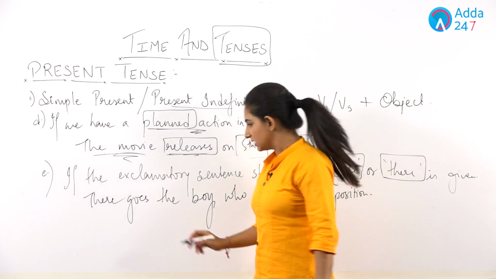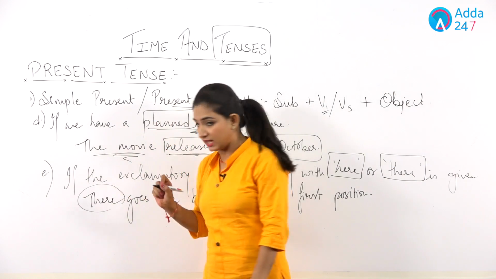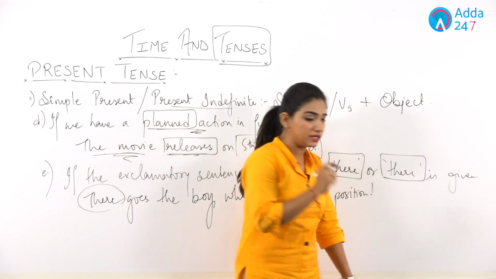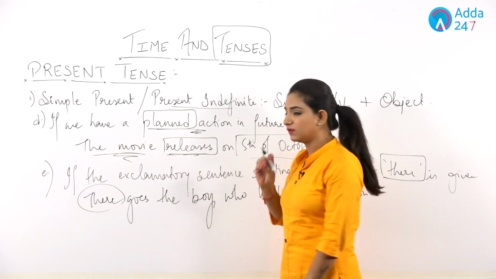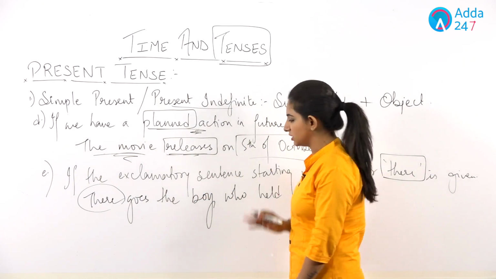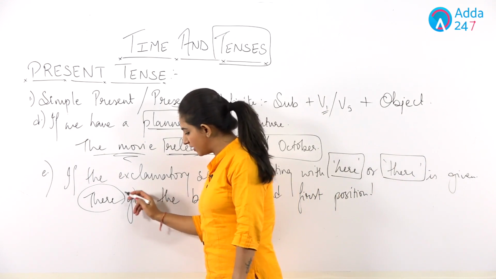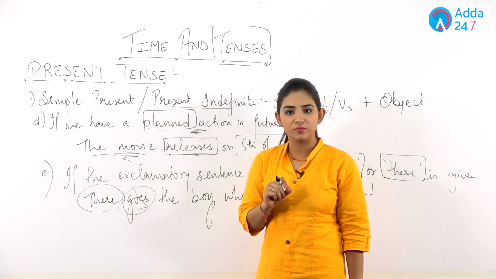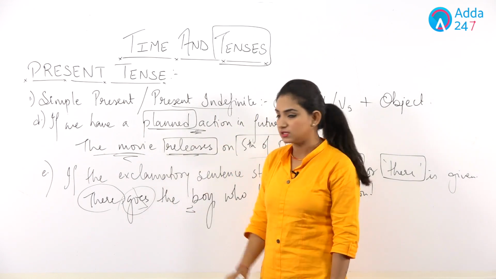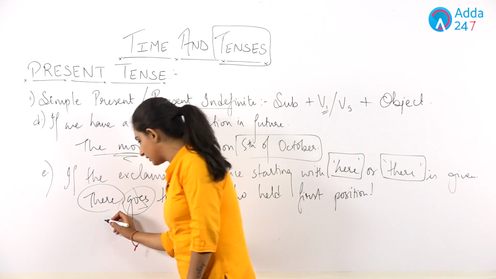Now in this case, we have started the sentence with there and we are pointing to a person who held the first position in the class, and that is why we have used the verb's 5th form here according to the boy, that is singular.